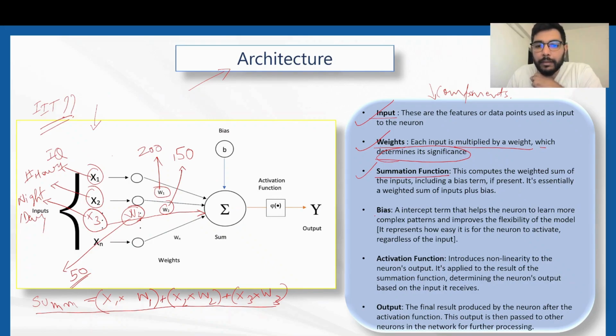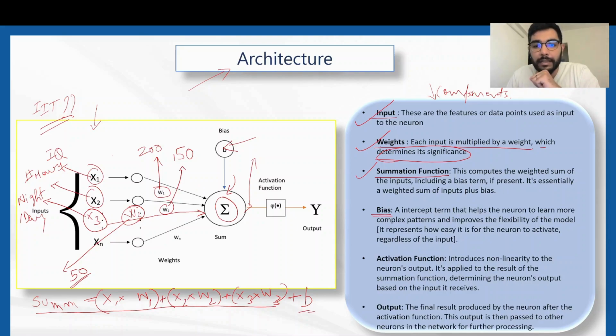The next component is the bias. The bias is what we see over here. Along with the input features and the sum product of the input features and the weights, we also have a bias term that is going inside the summation function. So this means there'll also be a b over here. When we have the output of this summation function, along with the sum product of the features and their respective weights, we'll also have a bias term.